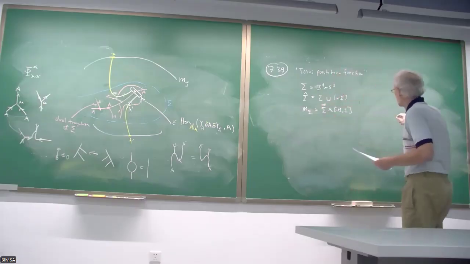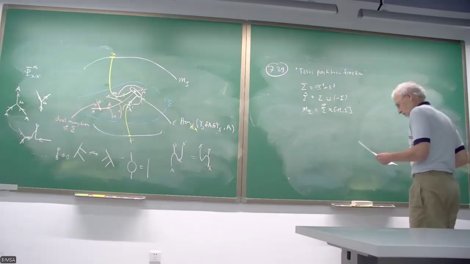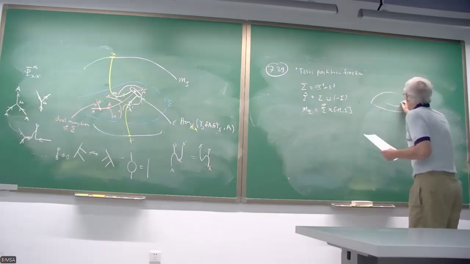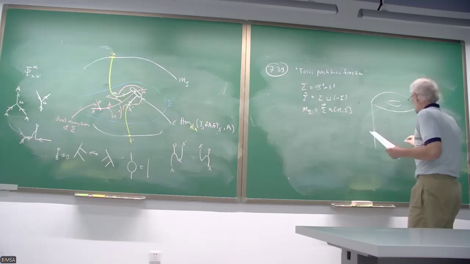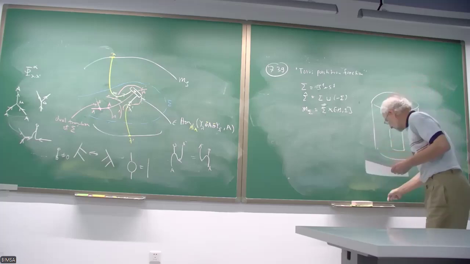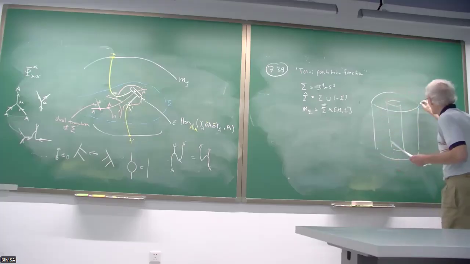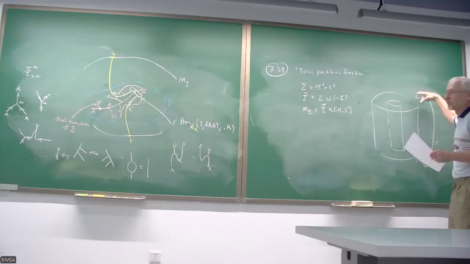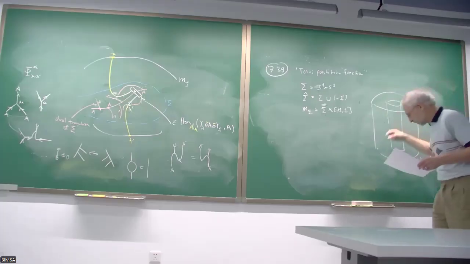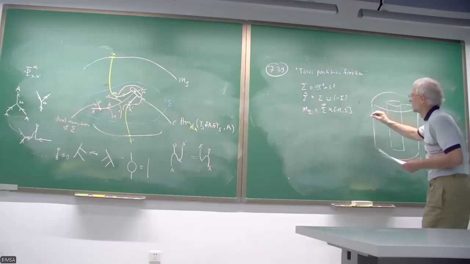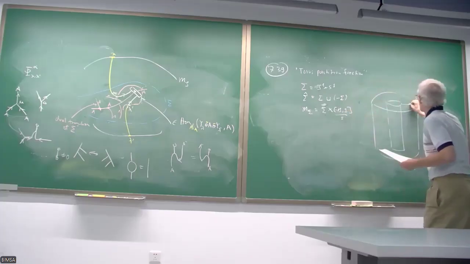So let's draw this. I do not have a three-dimensional blackboard here, so I indicate this as follows. So this is 1 minus 1. The other one is obtained by identifying top and bottom, and then I have my interval minus 1, 1 here.